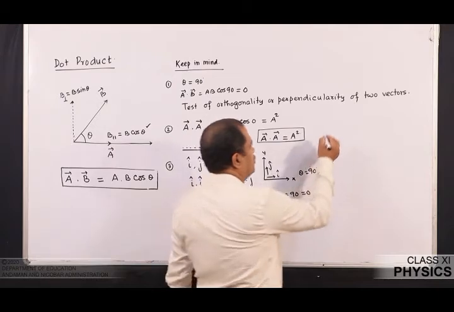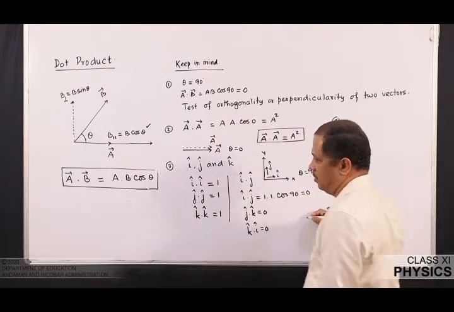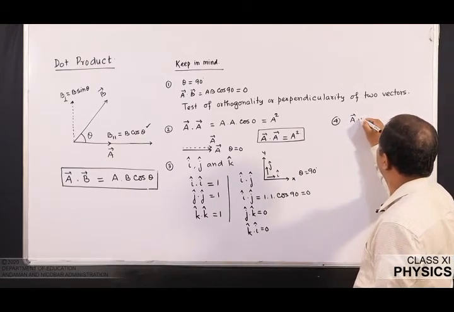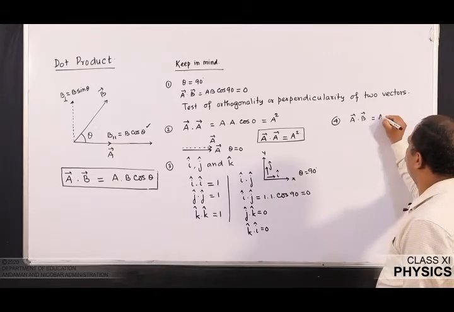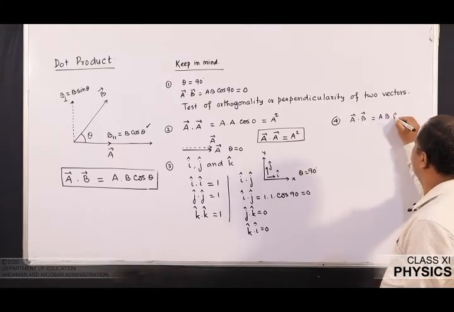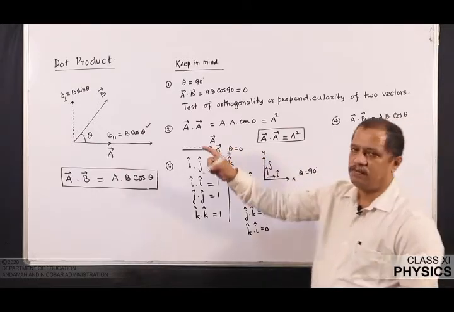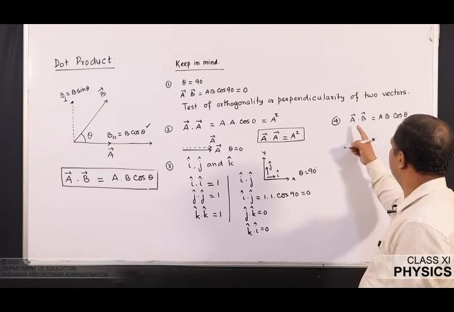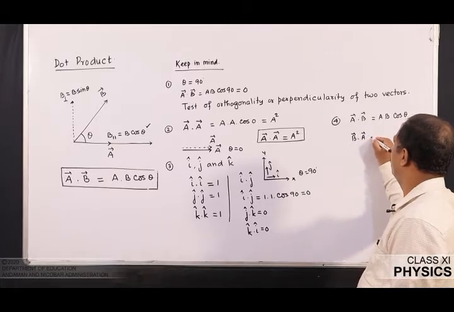Now, if I see the fourth concept, A dot B is equal to magnitude of A times magnitude of B times cos of the angle between A and B, as we see in the figure. Next, what will happen if I write B dot A instead of A dot B?